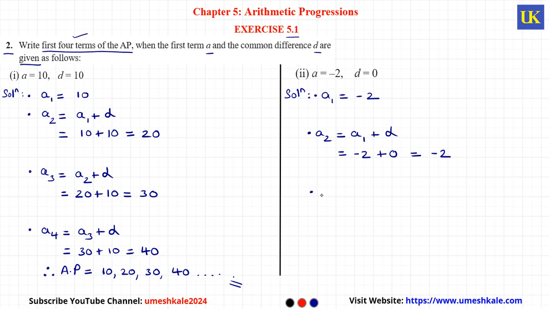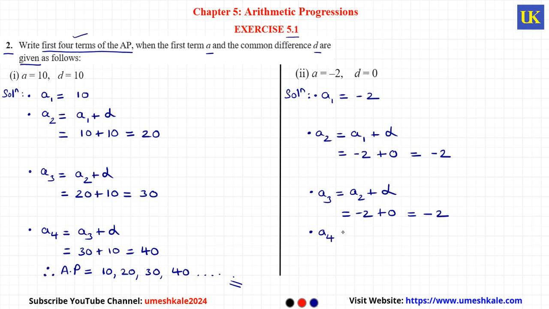So basically we will be getting the same number for all the terms, but we have to calculate and show it. So A2 plus D. A2 is minus 2 again, minus 2 plus D, so again A3 is minus 2.